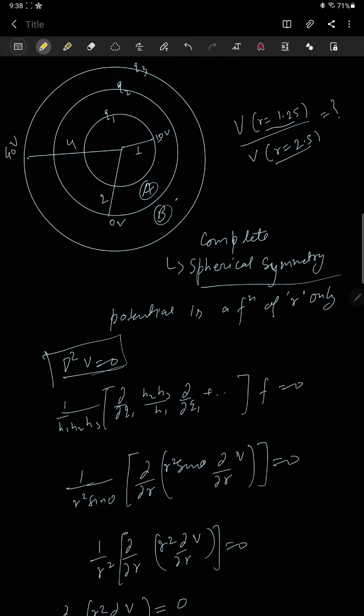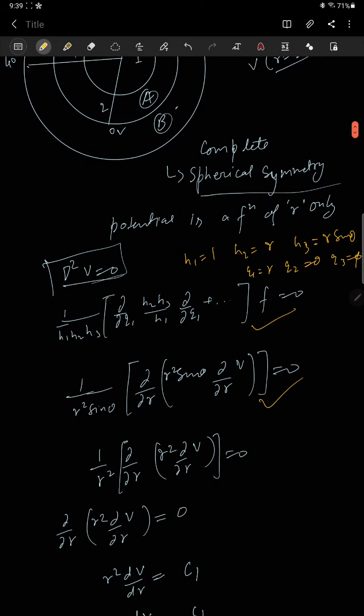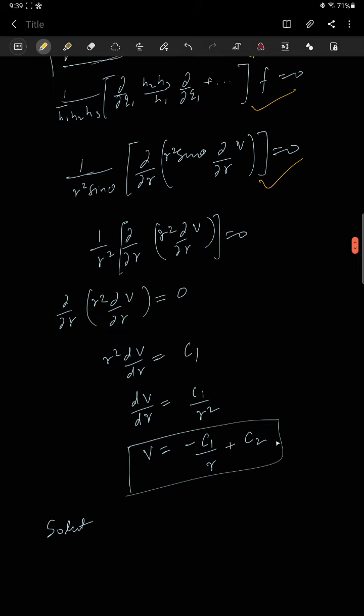To solve this Poisson equation, we have to use the general case of the Laplacian operator, where h1 equals 1, h2 equals r, h3 equals r sine theta, and q1 equals r, q2 equals theta, and q3 equals phi. So we use this general case and we get the Laplace differential equation for spherical symmetry, and we solve this differential equation and get this solution.